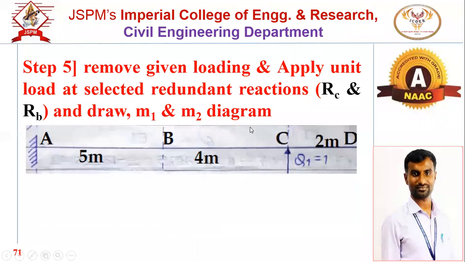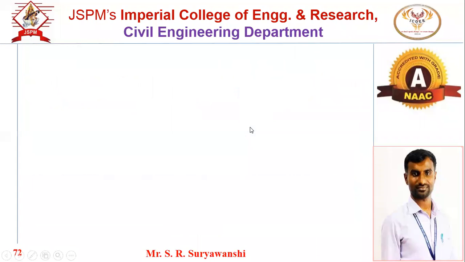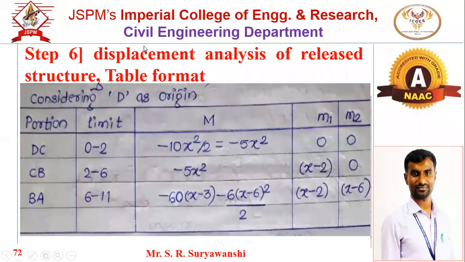Now table format. So in table format, first will be the zone, then limit. EI is constant, so you can make the column or you can neglect it. Consider directly in calculation. EI is constant, or we can say 1 1 1. That is same. Then we have to find out capital M, M1, M2.